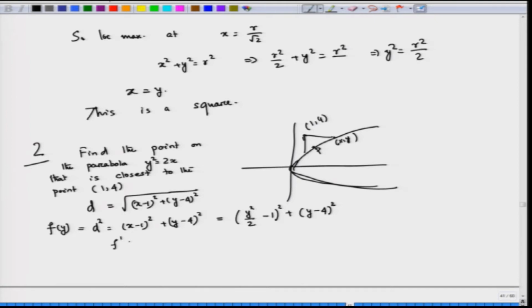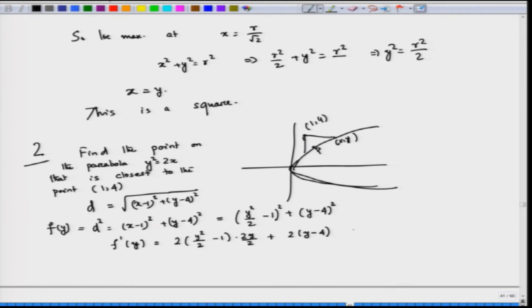Okay. So, now let us apply differential calculus. f prime of y is equal to 2 times (y square by 2 minus 1) into the derivative 2y by 2, plus 2 into (y minus 4).